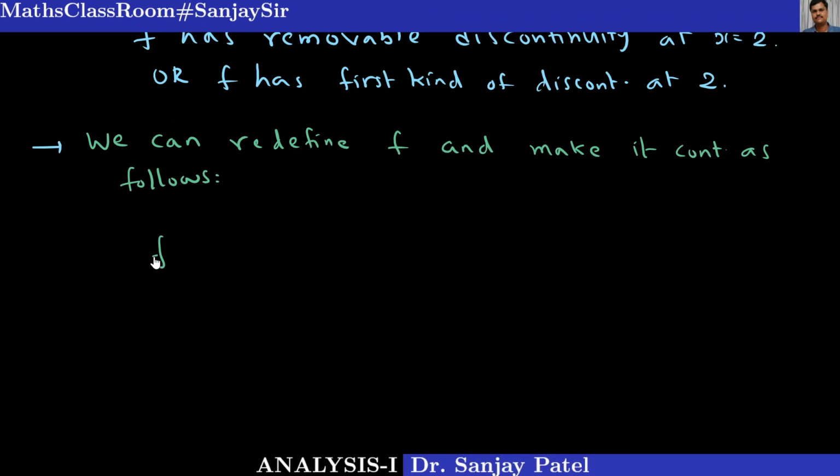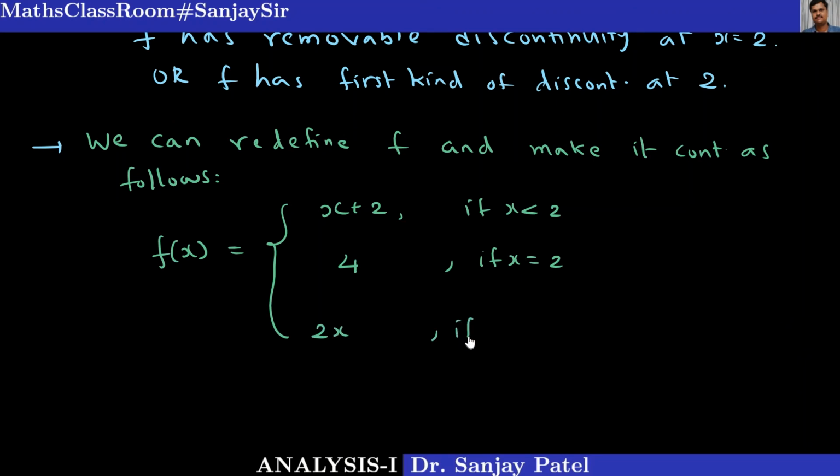So if I take f x is equal to x plus 2, if x is less than 2, is equal to 4, now this is the important thing, we are defining at x equal to 2 again, and the remaining things are as they are, 2x if x is greater than 2. So this is our new modification. We have defined the function at x equal to 2. Instead of 0 we have taken 4. So now this function is continuous everywhere.